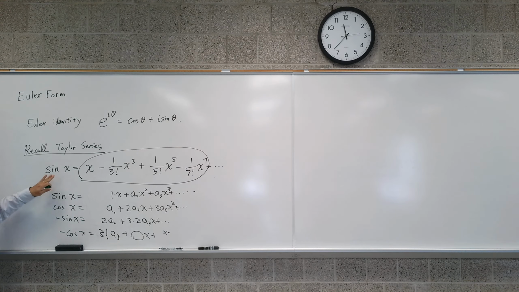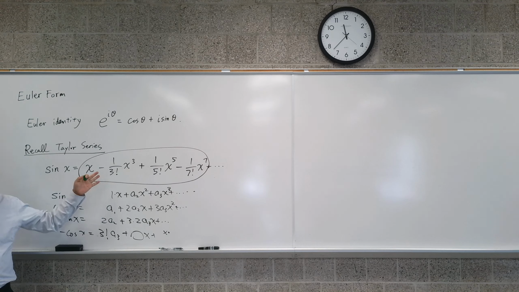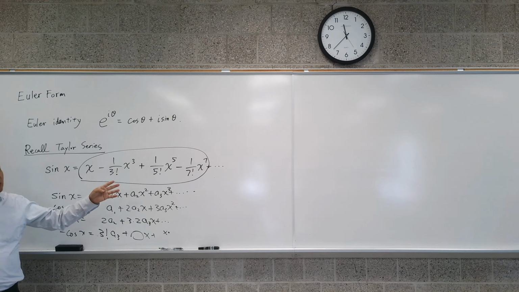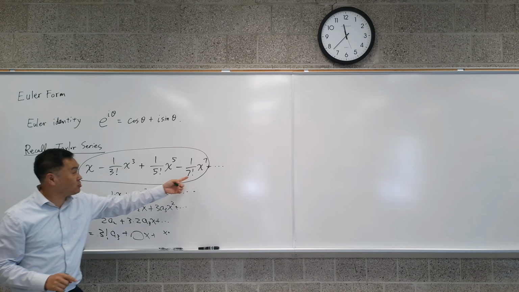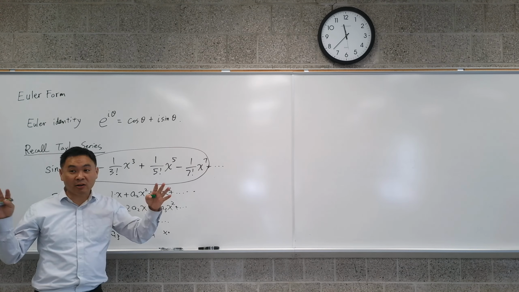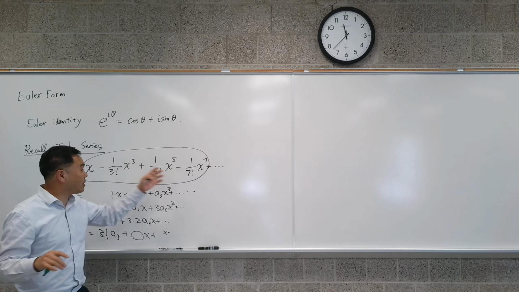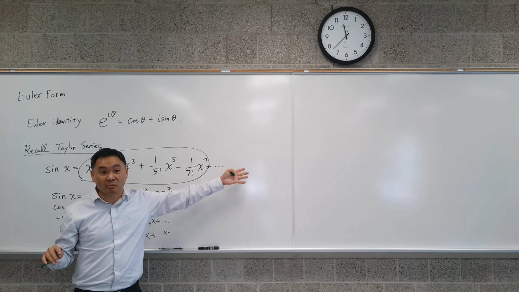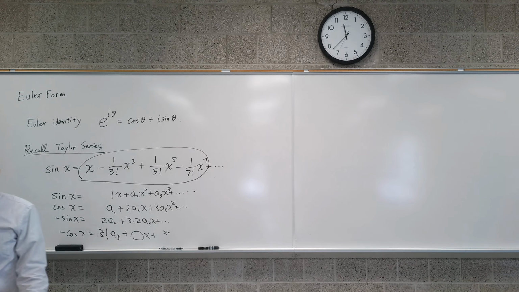Draw the graph of sine x and of this, and look near 0: they're almost identical. Of course, eventually they become different because you've truncated. To get a better-looking sine graph, you just add more terms, and it becomes better and better.